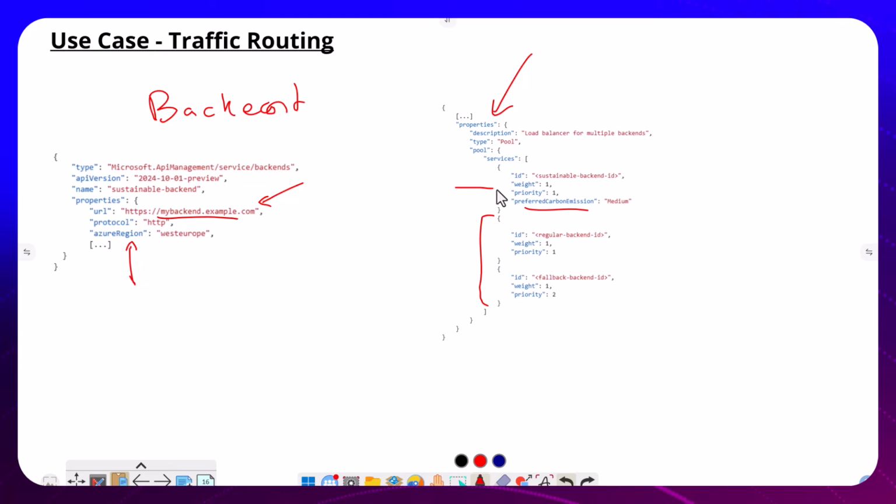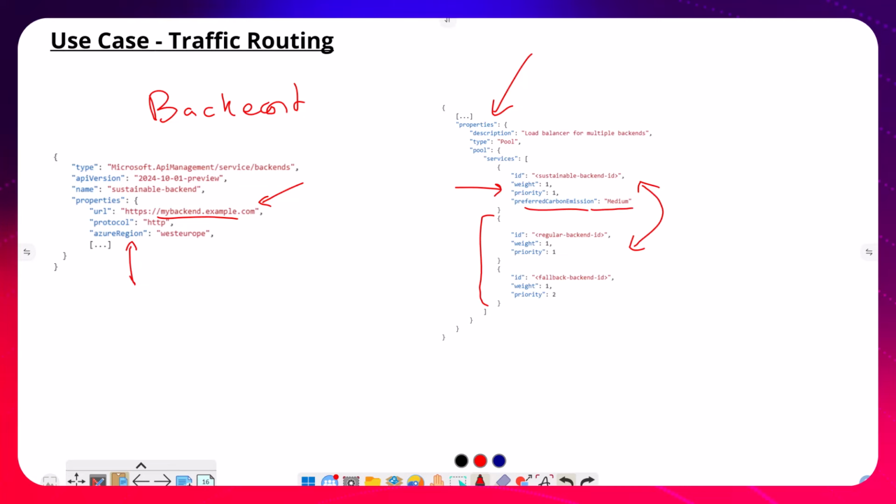But what we've really said with this one is we can use the sustainable backend alongside the regular. Under normal conditions, these would round robin because they've got the same priority and weight. But what we're saying here is we're adding a condition where we'll only use that back end if the current emissions for that particular region are going to be medium. That obviously links over here. So let's say it was West Europe. If West Europe's medium, then we'll send requests over there.